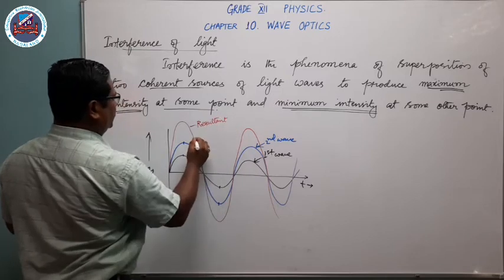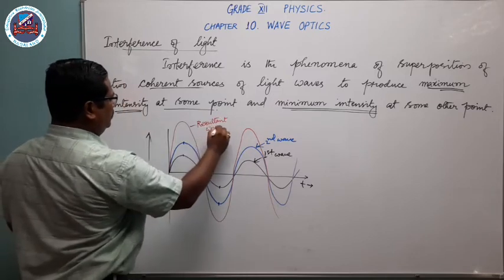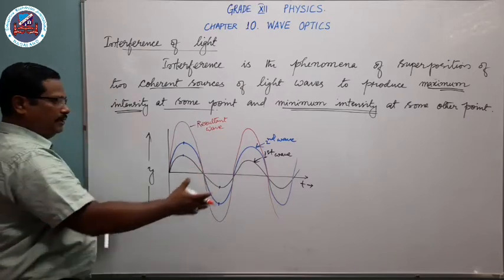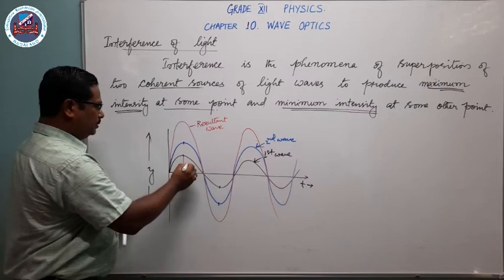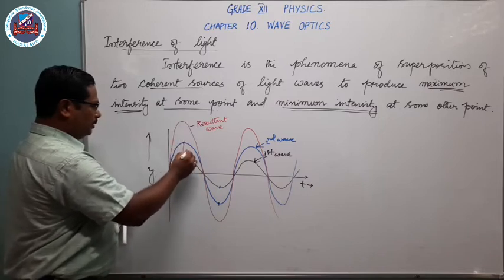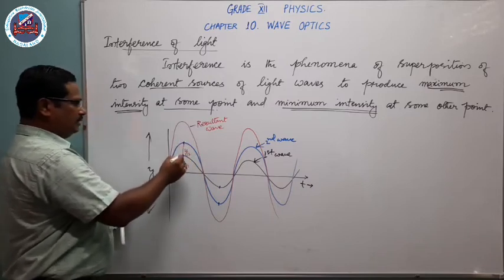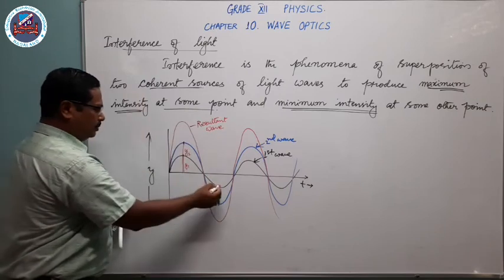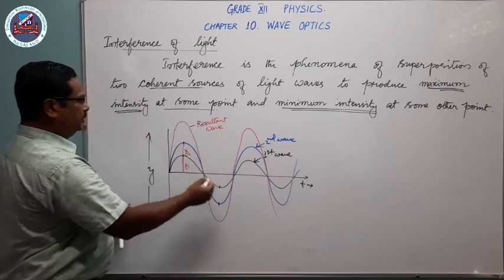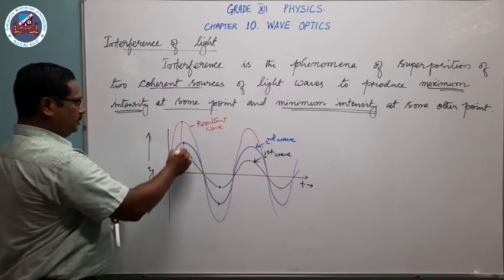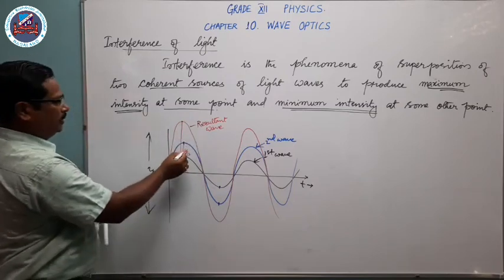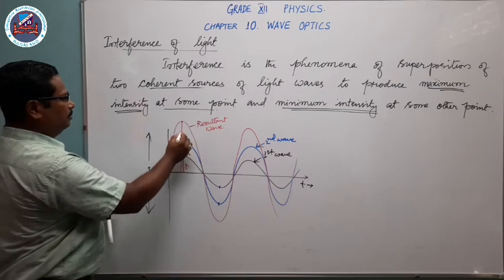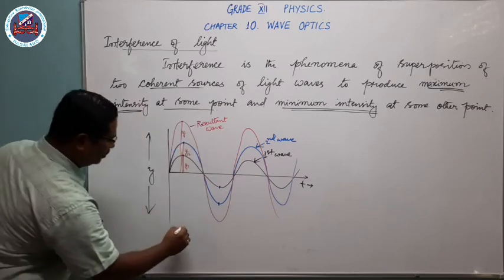As I have said earlier, same type of diagram that I have drawn earlier also. Here this is y1, suppose this is y2. As they are in the same phase, that means crest and trough are overlapping each other, then you get an intensity higher than the other two. Sum of these two, y1 plus y2, will be given by y.